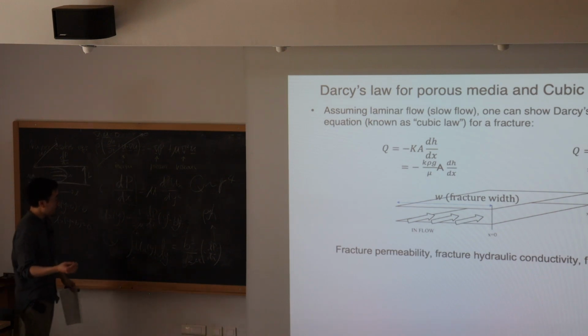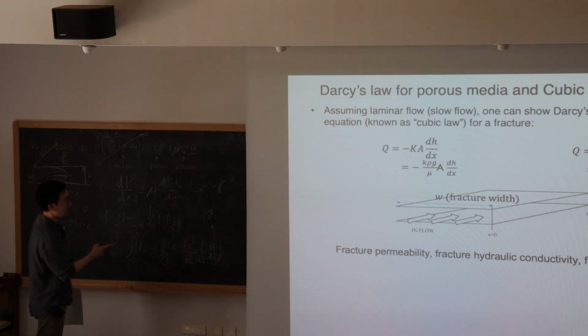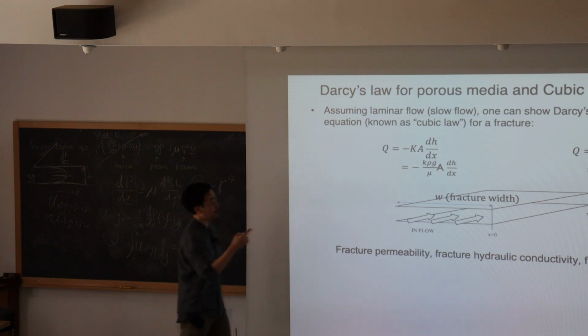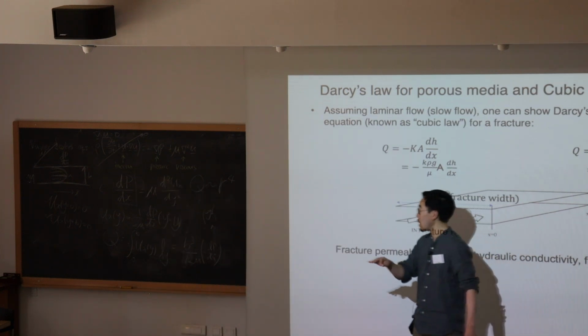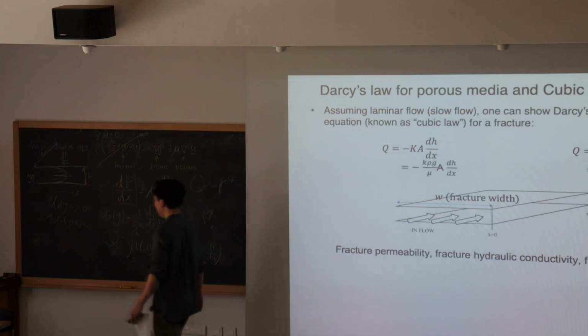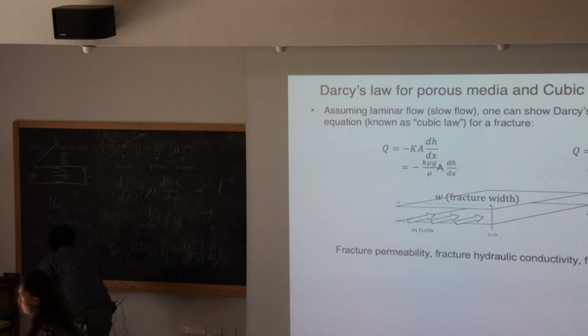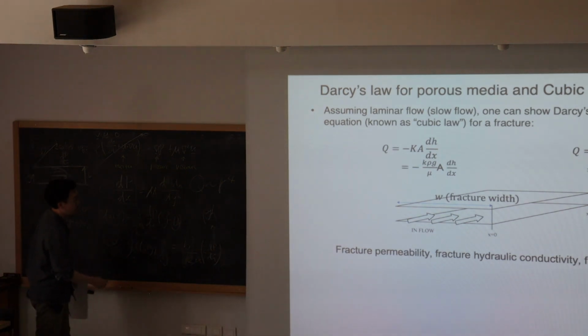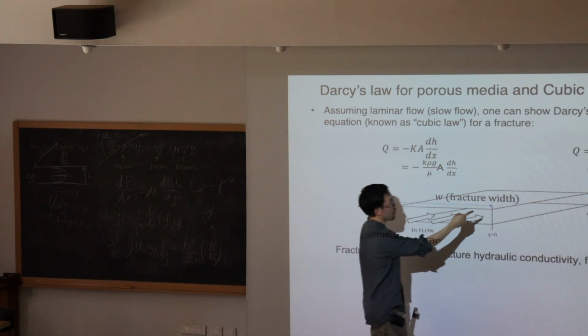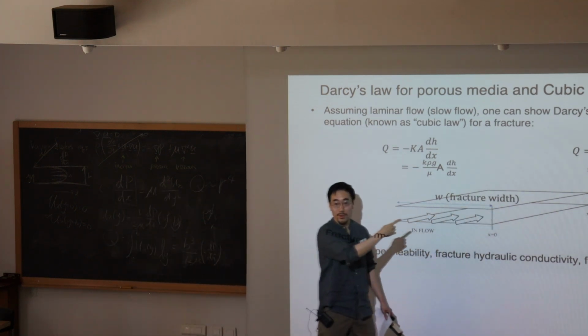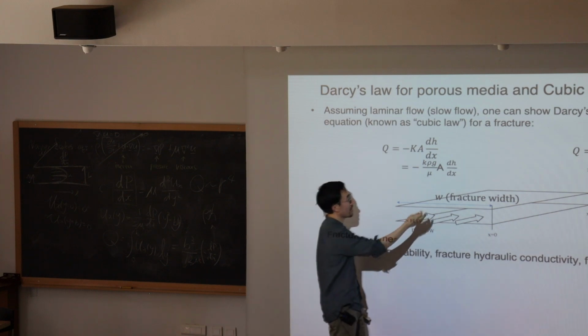What is also neat about this is now you can understand where the definition of fracture permeability is coming from. You hear a lot about fracture permeability, so what does that mean? Because we have this formula here, we can see what the fracture permeability is. Anyone? We had a lecture from René.